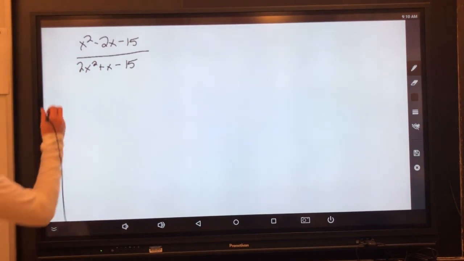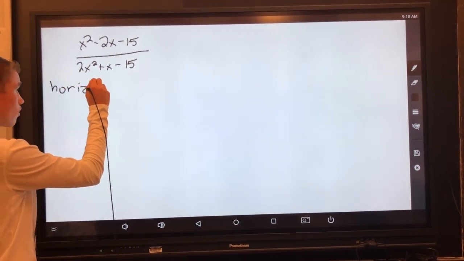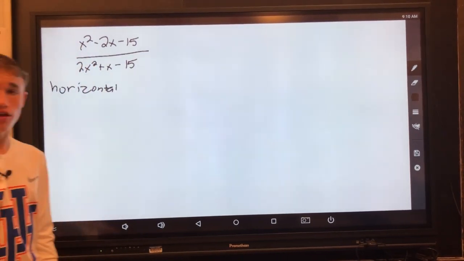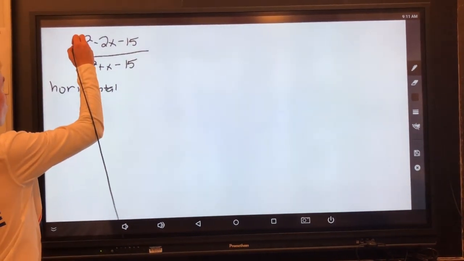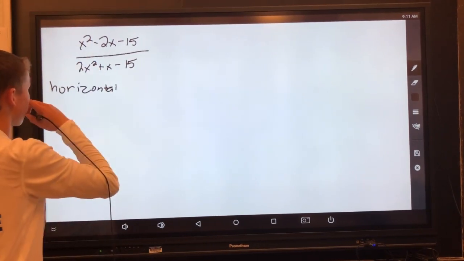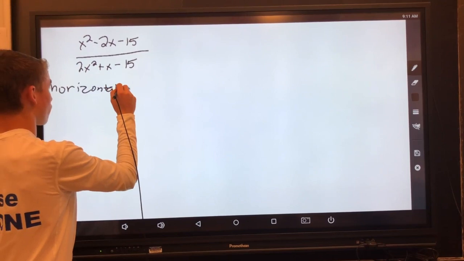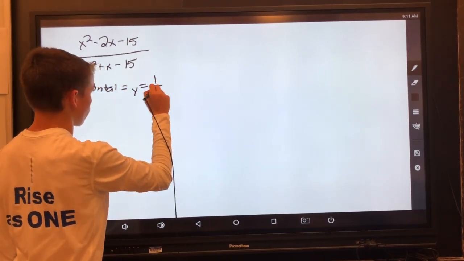Okay, so to find the horizontal asymptote, we need to take the coefficient of the highest x degree, so that'll be the coefficient of x squared. So 1 x squared over 2x squared is equal to 1/2. So y is equal to 1/2.